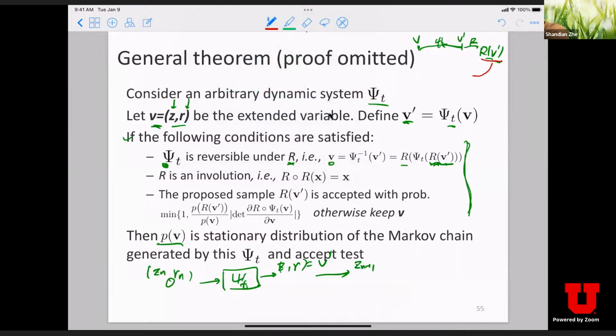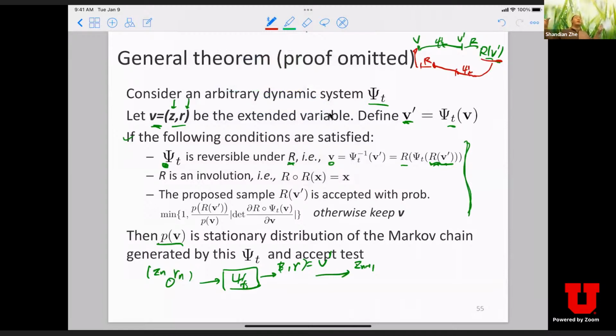Starting from this proposal and following exactly the same procedure, I first evolve the system for the same amount of time, and then apply the operation R again, and then I can recover the original sample.